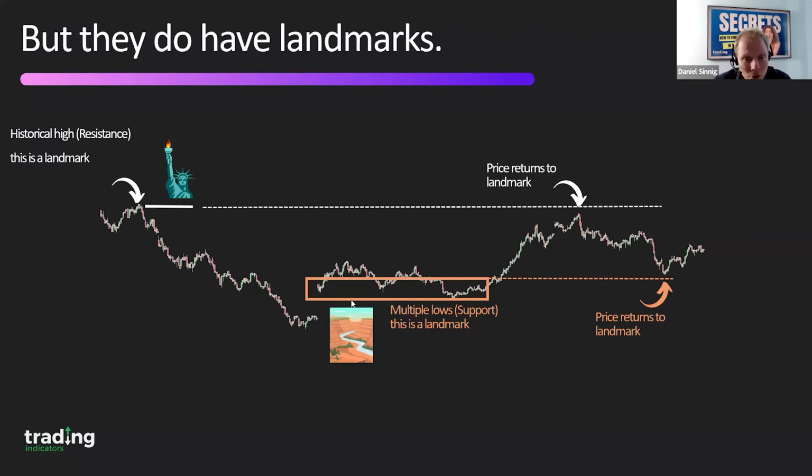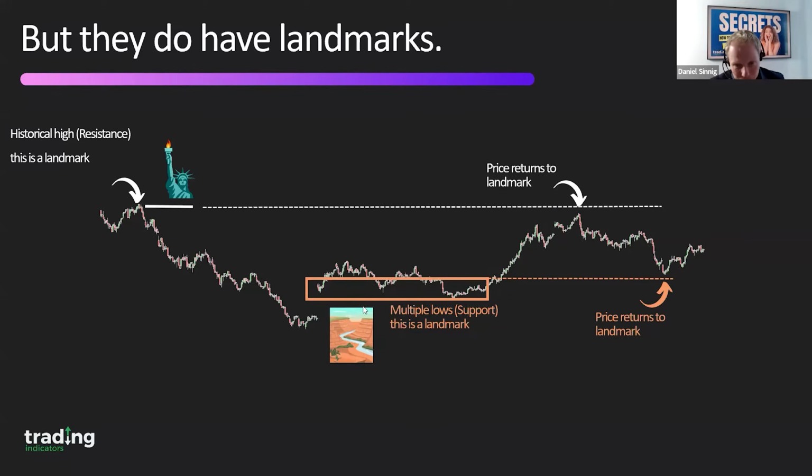But a landmark can also be established, for example, by price pivoting around the same area. For example, here where my mouse is, price went down to this area multiple times. It was revisited a few times over and over again. And the interesting thing about these landmarks is that there is a high chance that they will be revisited by price in the future. So for example, here, this historical high was revisited down the road. Price approached it again.